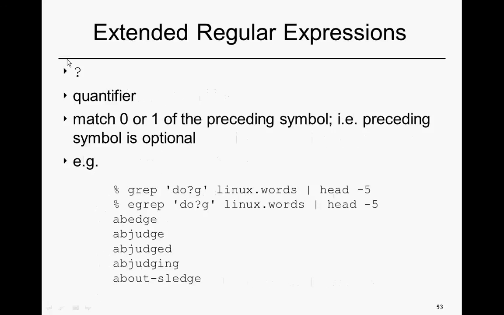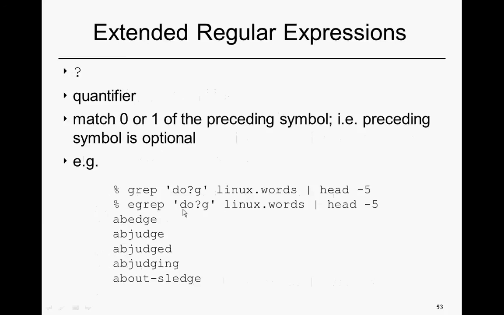Similarly, the question mark character also requires extended syntax, and this can be used to match 0 or 1 of the preceding symbol. In other words, it's an optional symbol. So here we have DG, but we'll also support DOG for example, but not DOOG.